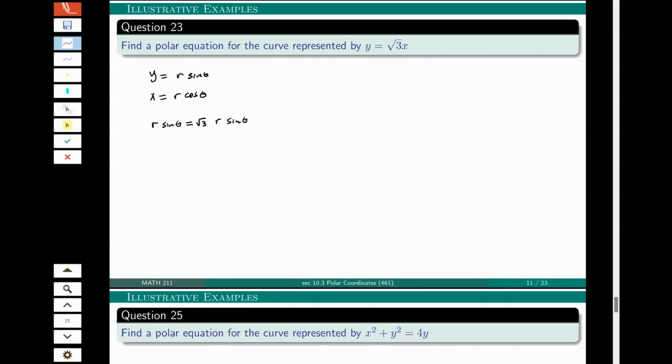I'll take it to the other side. It will be r sine theta minus root 3 r cosine theta is equal to 0. If I take r as a common factor, I'll get r times sine theta minus root 3 cosine theta equal to 0.